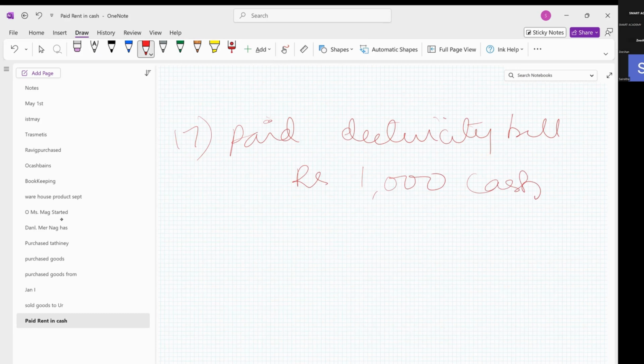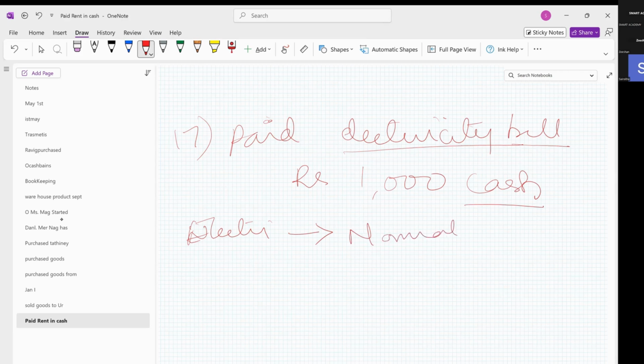Cash. Okay, two important items are electricity bill and cash. First, take electricity bill. When you are paying an electricity bill, is it an expense or income? Expense. So it belongs to nominal account.